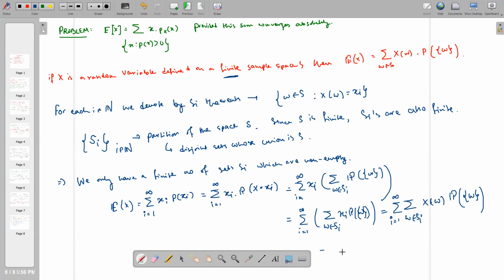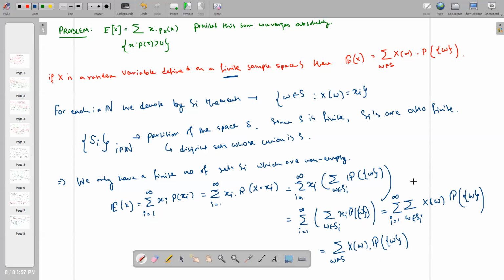In turn it is equal to this. Why could we write this?